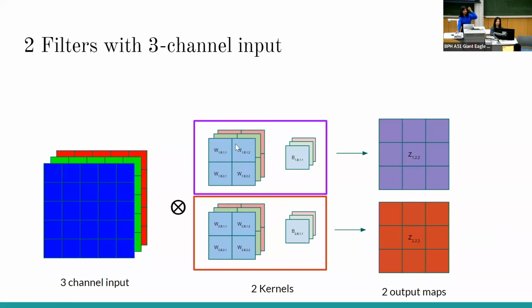We add that up element-wise again, and we create one output map. So one filter will create one output map. These output maps will increase. These are the number of channels you are creating in your output. These will increase if you increase the number of kernels. So you can decide that.